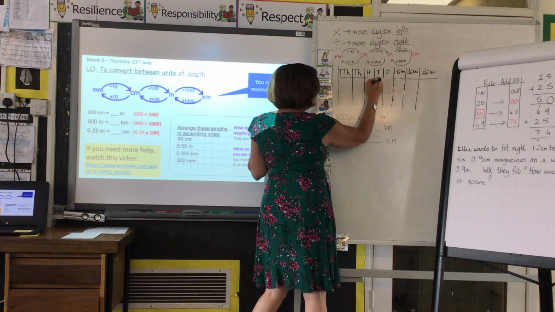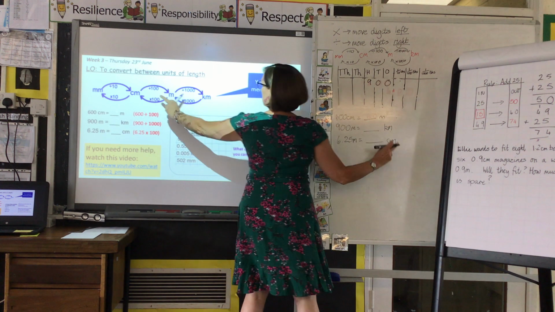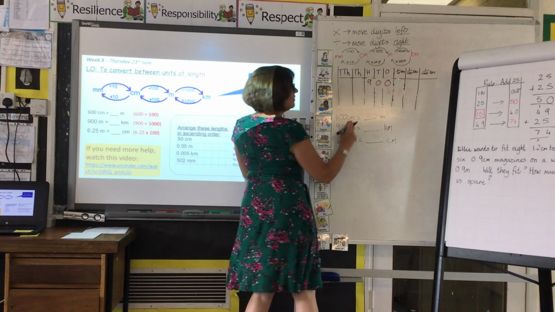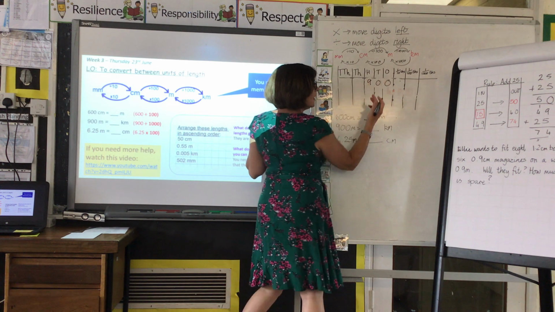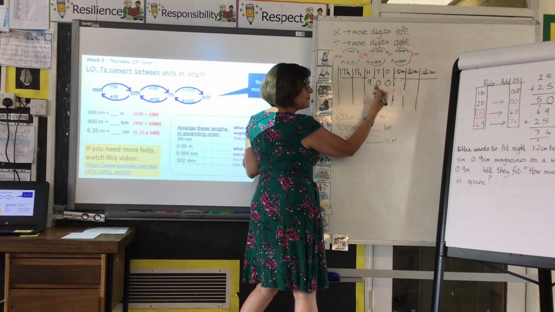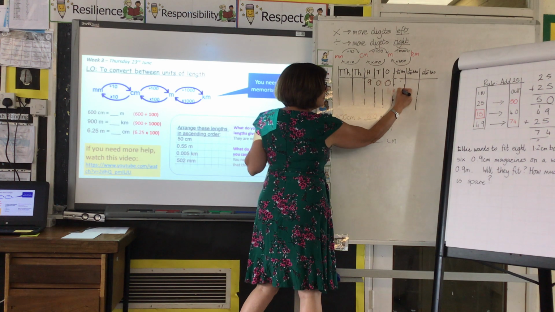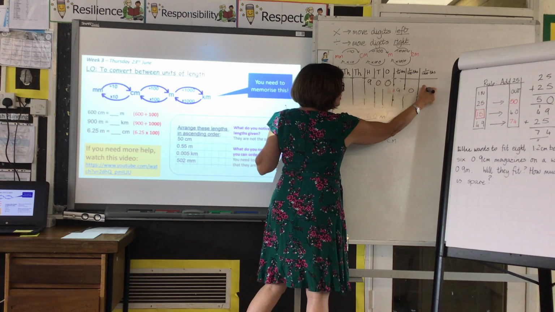900 metres, and we are converting from metres to kilometres. So metres to kilometres, you are dividing by 1,000. To divide by 1,000, you're moving to the right, and because it's 1,000, you move 3 places because there are 3 zeros. So we're going to go 1, 2, 3, 1, 2, 3, 1, 2, 3.